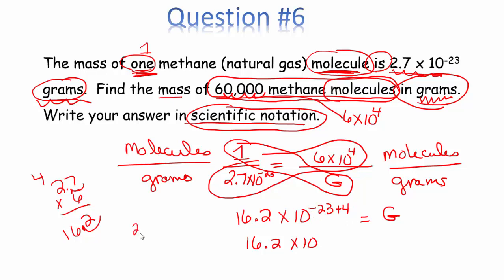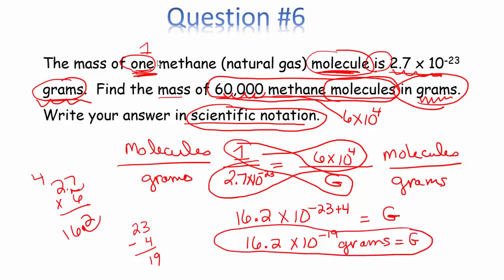Use your calculators if you need. That must be negative 19, so negative 19 grams. And then I look back and ask, does my answer make sense? Well, 1 molecule was 2.7 times 10 to the negative 23 grams, so 60,000 molecules should be a greater number of grams.